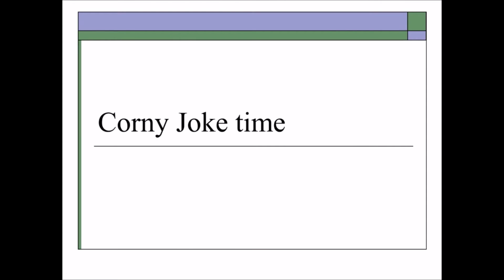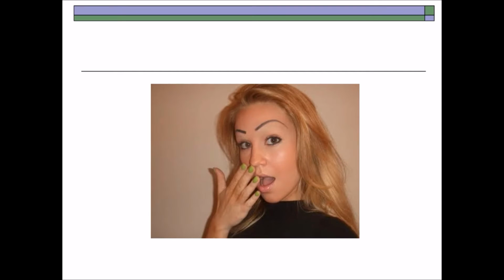All right, so to break this up a little bit, let's do some corny jokes. I bought some shoes from a drug dealer. I don't know what they were laced with, but I've been tripping all day. Come on, that was great, right? Awesome. I told my wife she drew her eyebrows way too high. She seemed surprised. That's not my wife.